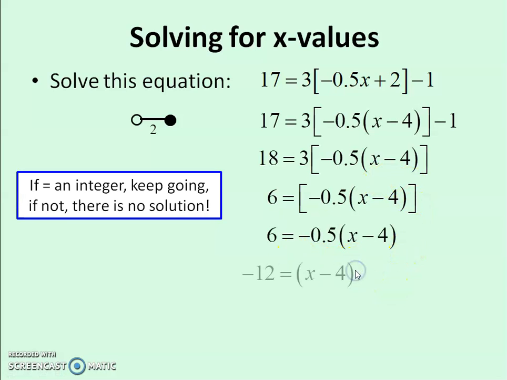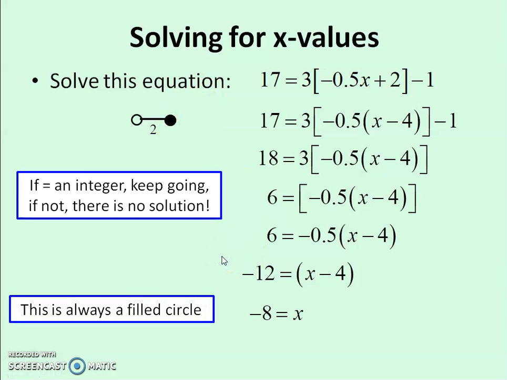We divide by negative 0.5 and then bring this negative 4 to the other side. So I have found an x value. And the x value that I find, if I had an integer here and I keep solving, is always going to be the x value associated with the filled in circle.